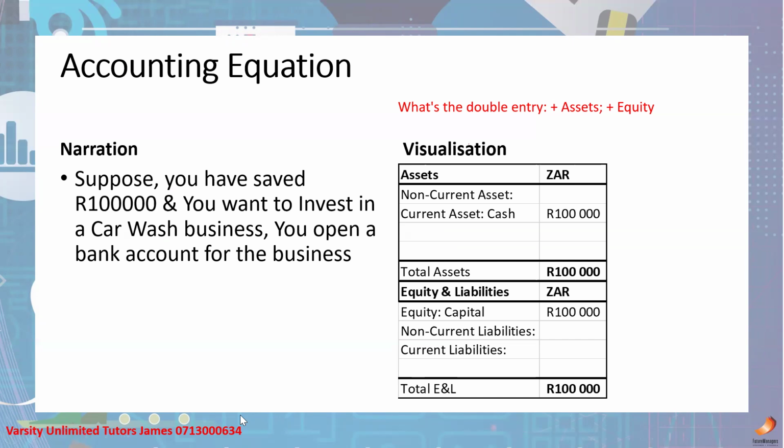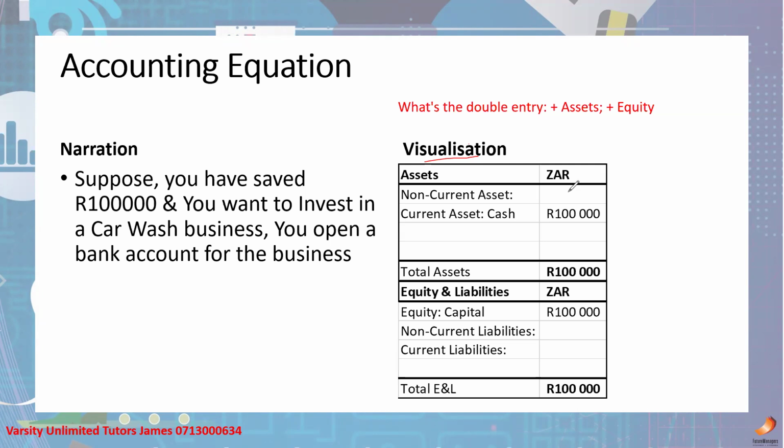Let's look at my first example. This one where I say visualization, number one, shows the accounting equation. Then number two is an example of the statement of financial position, the actual statement of financial position that we are going to learn. I think we'll do it in about 2 or 3 weeks time. But this is just an example.